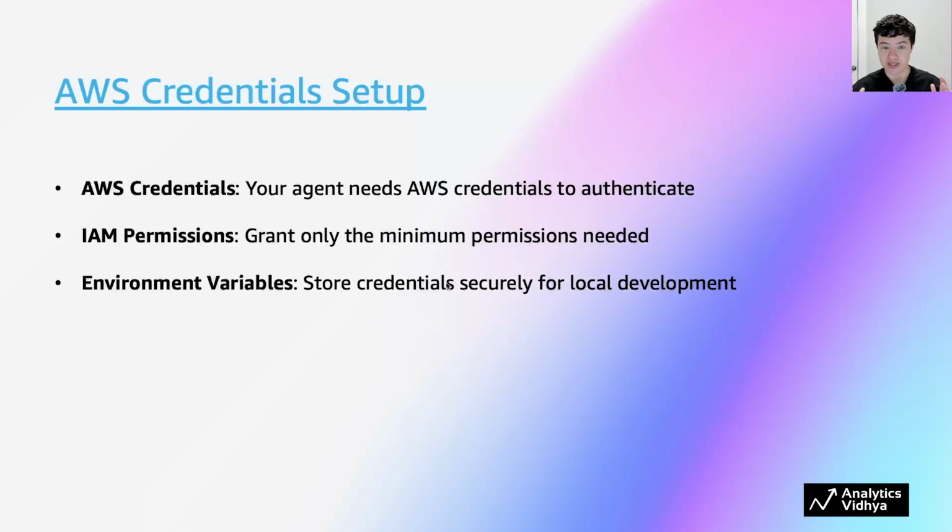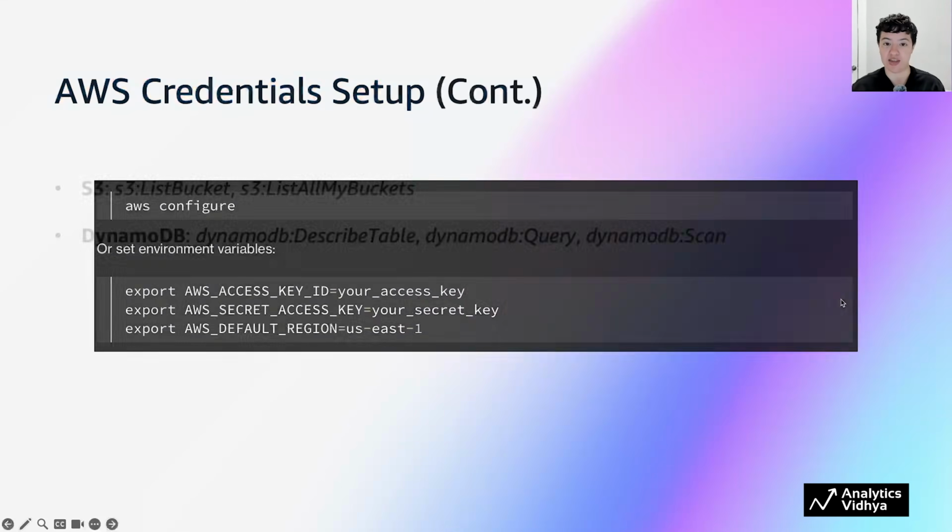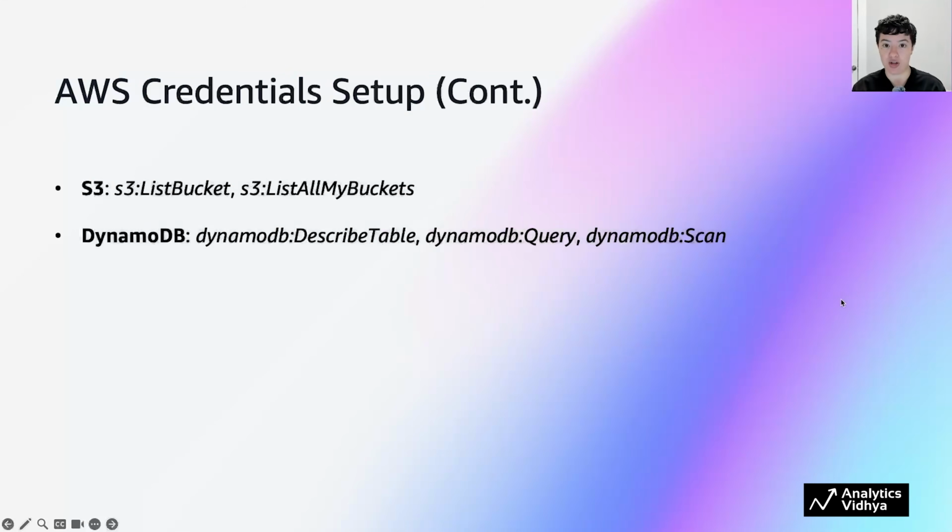Okay, now let's say you've got your credentials all set up, you've configured your AWS CLI. To run the examples in this lab, we're also going to want to make sure that the permissions that you have on the AWS user that you're using for this demo has these permissions. So I'll pause here and just take a look a little bit more closely at what these permissions are.